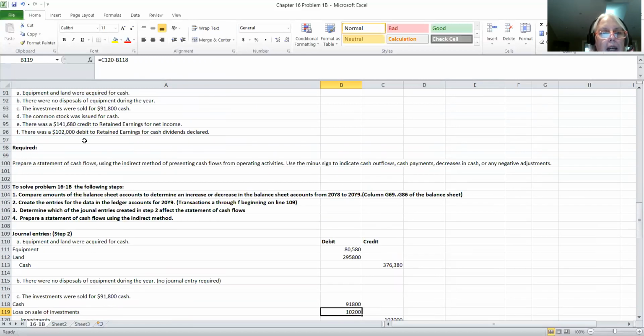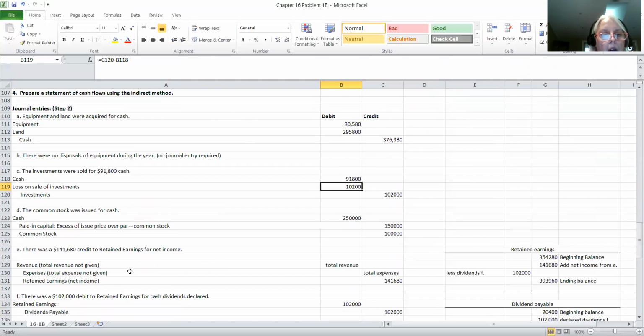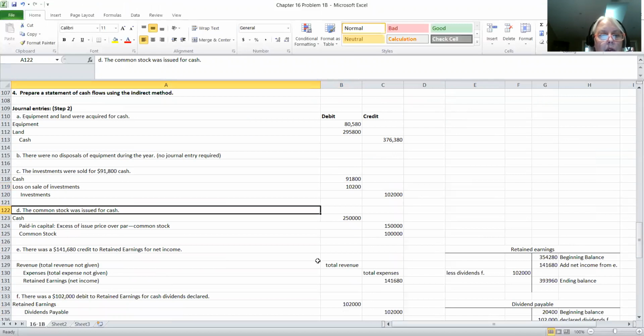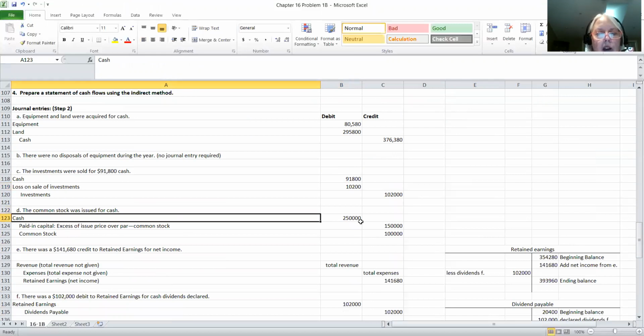Also in Part D, it says the common stock was issued for cash. We have to determine how much cash we received from that common stock that we issued. We sold the common stock, in other words.